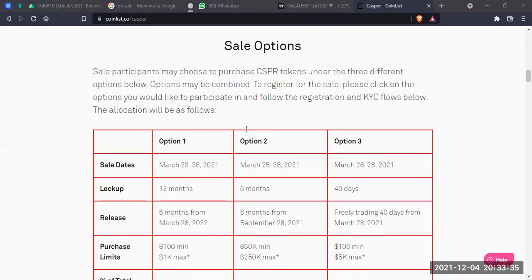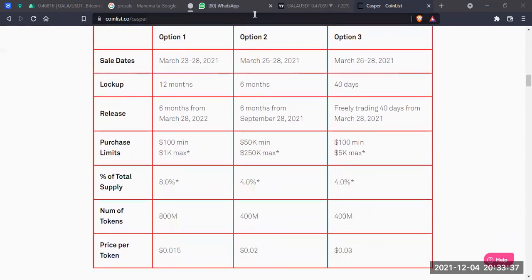Okay, let's continue. So if you see a price of this nature, it's very cheap, and you should not try to miss out on these prices. These prices are very cheap. This was the first pre-sale token I bought with Casper.